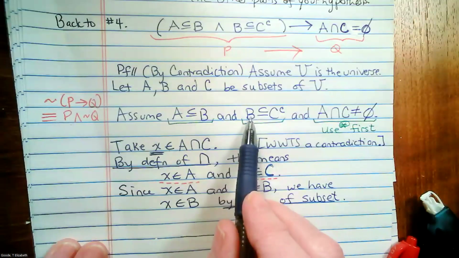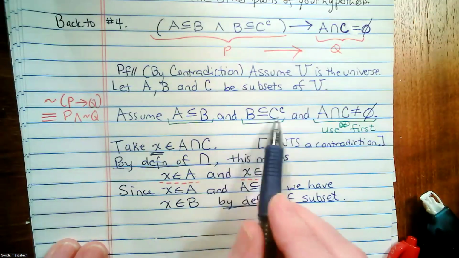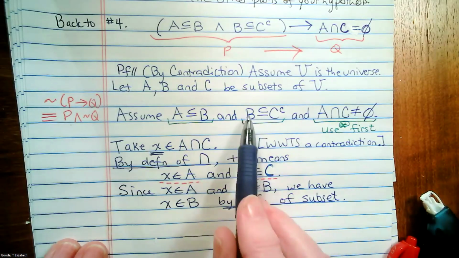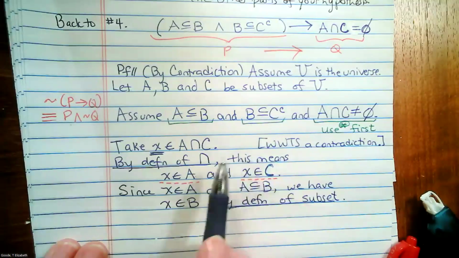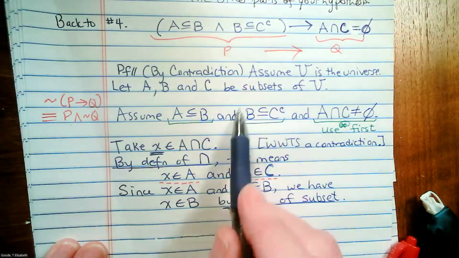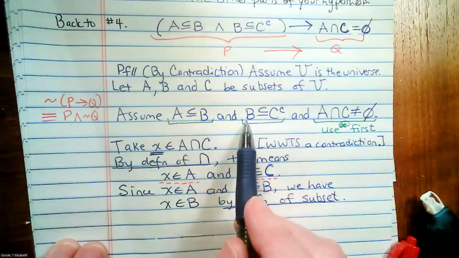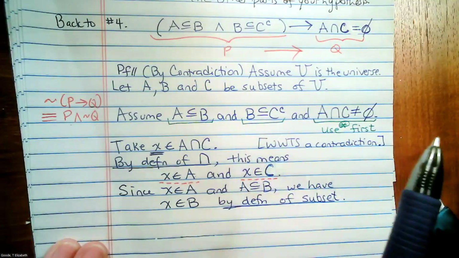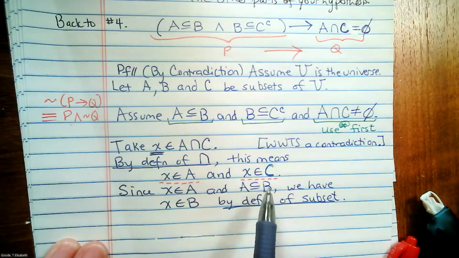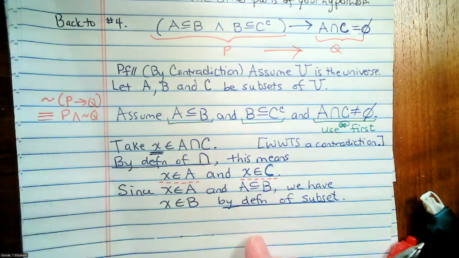Well, look what this middle hypothesis says. It says B is a subset of C complement, right? So can you tell me in your own words what that means, that B is a subset of C complement? That means C complement has elements of B in it.